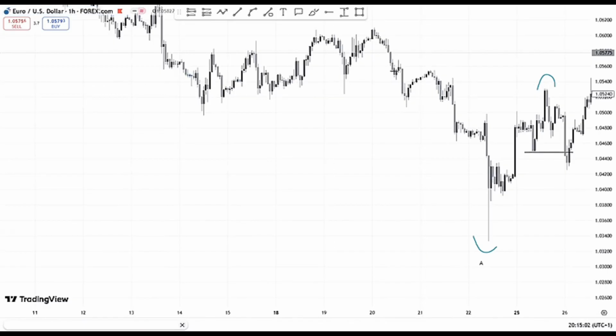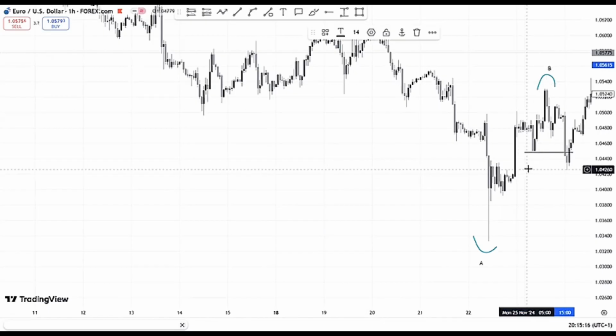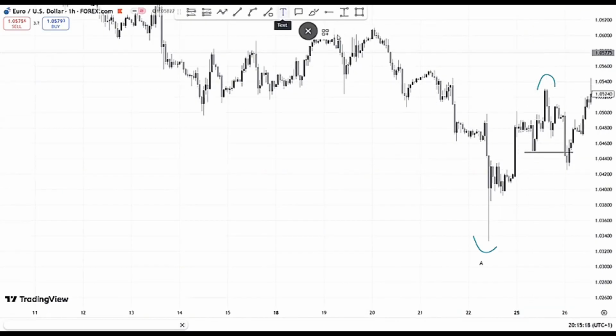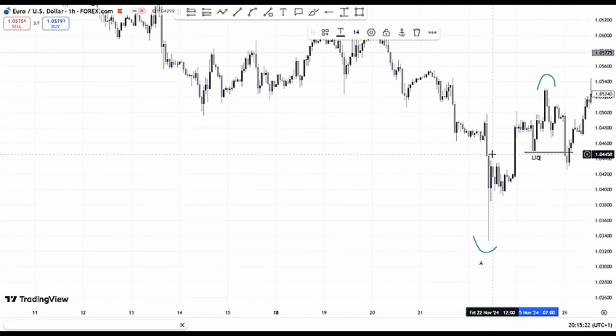Meaning that if you have this zone, this high and this low and this high here, this is A, this is B, structure range, right? And now price has induced the liquidity calling price, which is this area. Where do you join the buy from?